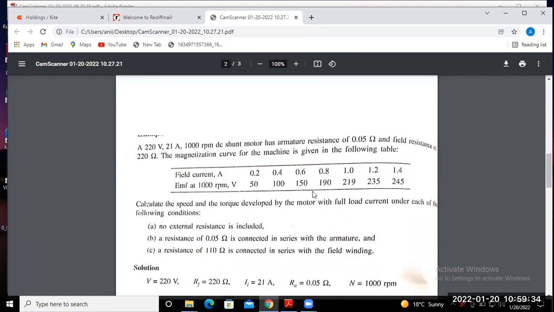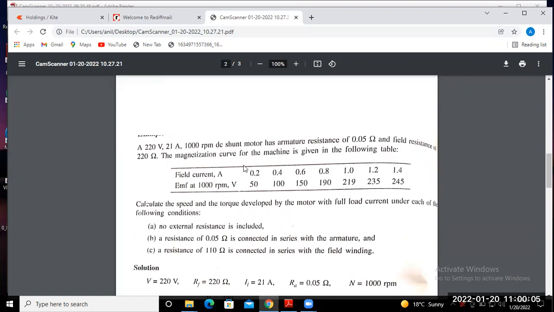In this problem, whatever data is given to you, we have to note down. Input voltage is 220 volt, 21 ampere, and velocity is given in revolutions per minute, 1000 rpm. The DC shunt motor has armature resistance RA of 0.05 ohm and field resistance of 220 ohm.